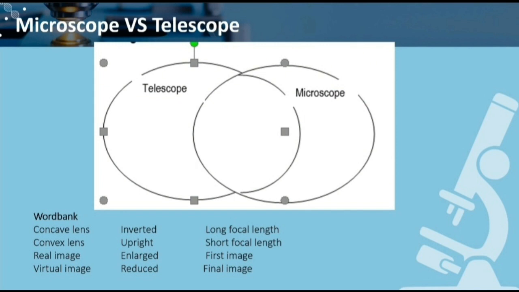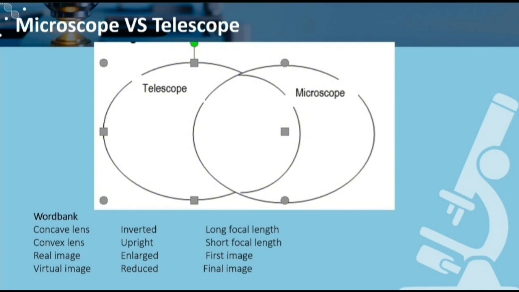Okay, let's check your answers. The telescope and the microscope both have a convex lens. They both have a real image. At the same time, they form a virtual image. The images formed are also inverted, upright, and enlarged.